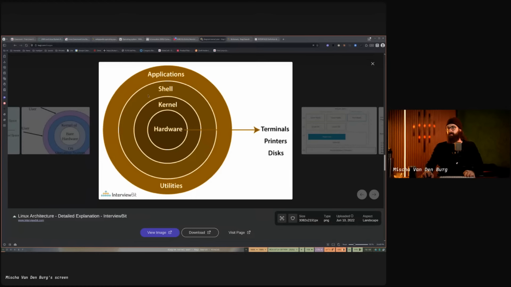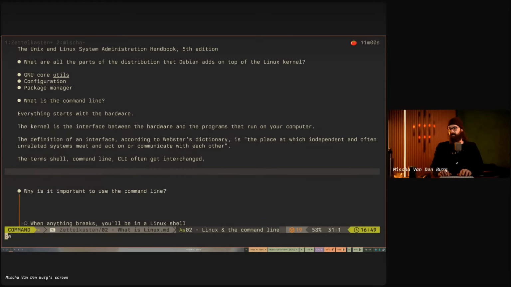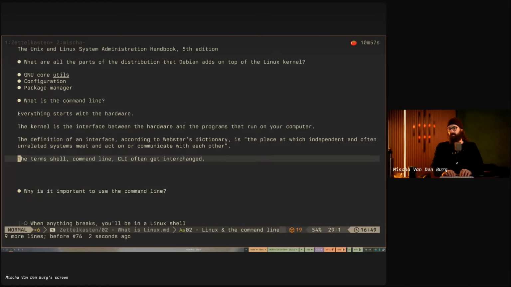So you may have heard about the shell, and these terms, shell, command line, CLI, terminal, often get interchanged incorrectly.